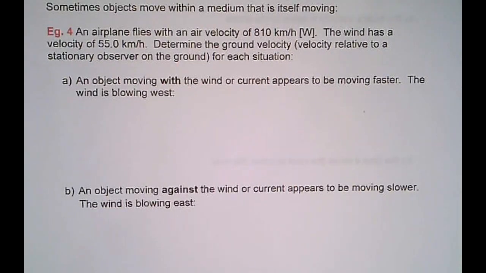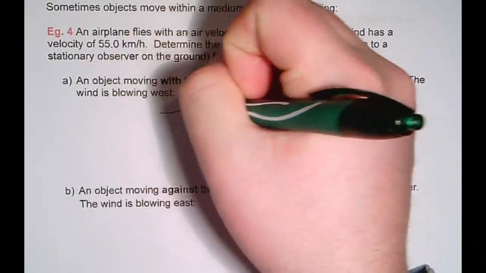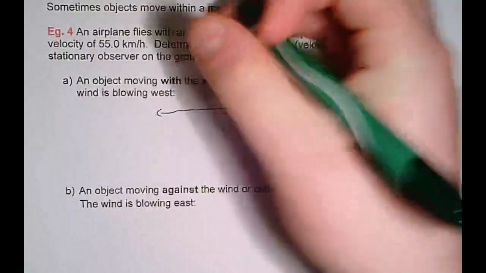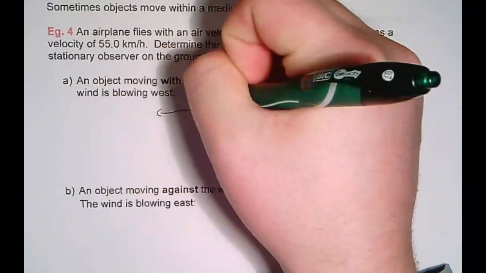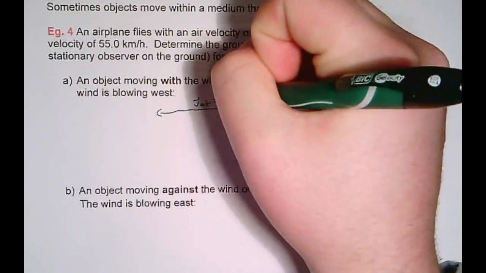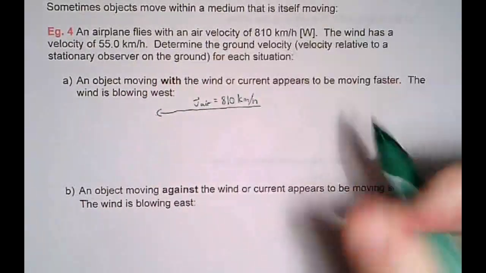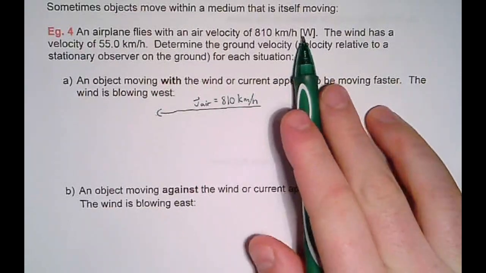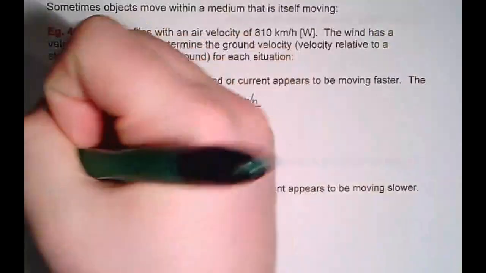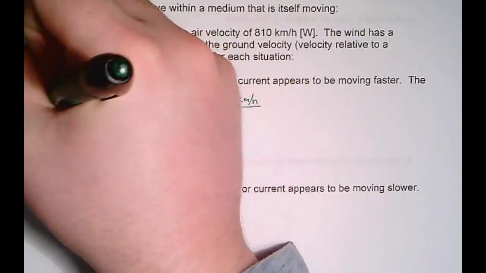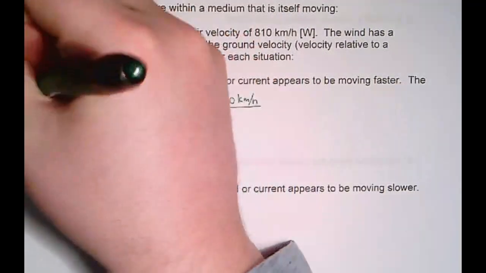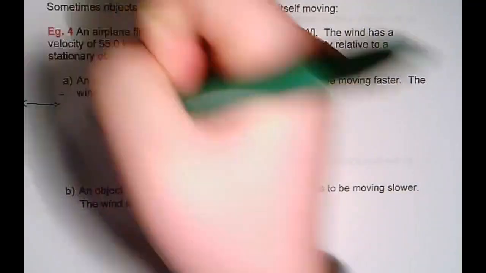So we have our air velocity, that's how fast the airplane is moving, is equal to 810 kilometers per hour. It is heading west. So for this whole page, I'm going to make west positive, east negative.